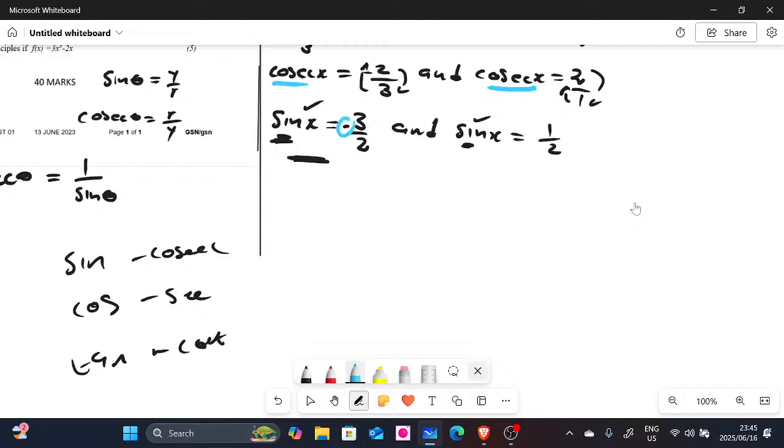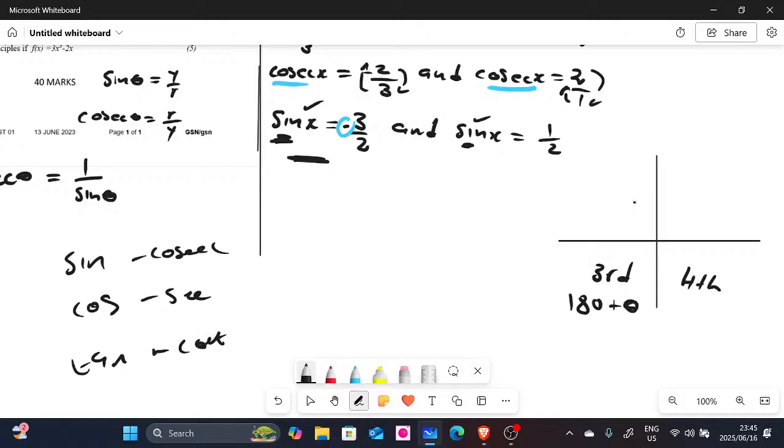So we know that on our CAST diagram, let me just write it very quickly here, sine is negative on the third and the fourth quadrants. Meaning we need to find the reference angle here, and then we're gonna add it to 180, and also subtract it from 360.